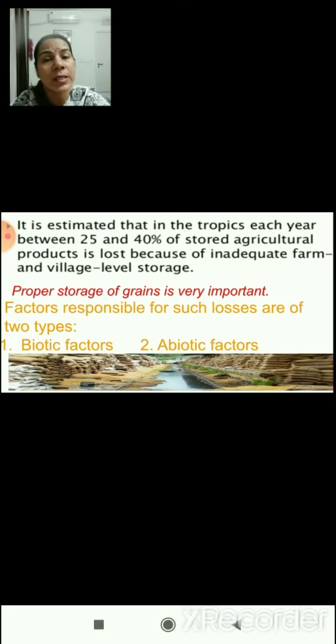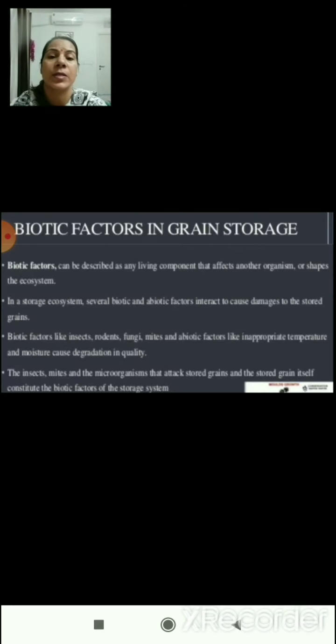You have already studied these terms in your previous classes, where you have learned that biotic is related to all the life forms, which can be human beings, animals, bacteria, viruses, etc. All living forms are included in biotic factors, whereas all non-living forms are included in abiotic factors. So let us study about the biotic factors in grain storage.